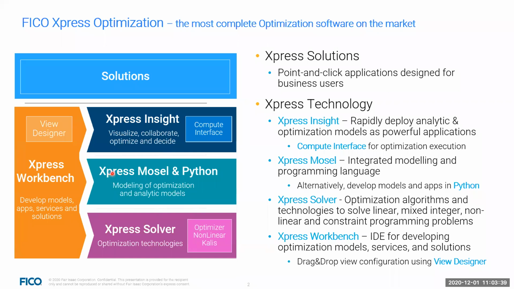You can choose between Mosel and Python to then build your models, build your application logic, and configure the Insight application, which then provides you with a business user-ready interface into your optimization model. It comes with scenario comparison, user management, visualization, all those good features.